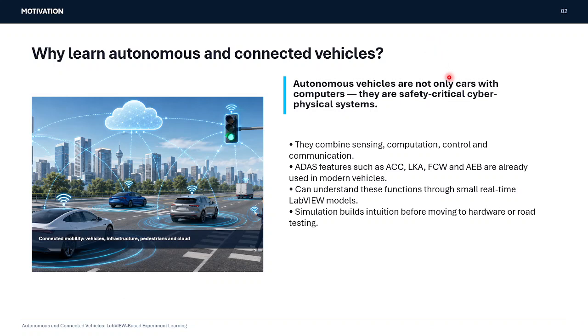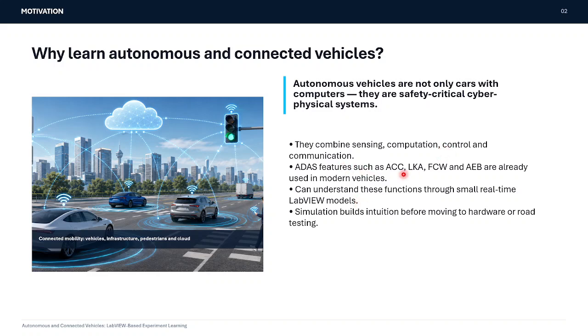Actually, the autonomous vehicle is not only a car with a computer. In an autonomous connected vehicle, you give information, with transmitter and receiver, everything is there. We can also treat it as a cyber security system. It has a large number of sensing, computation, control and communication functions.